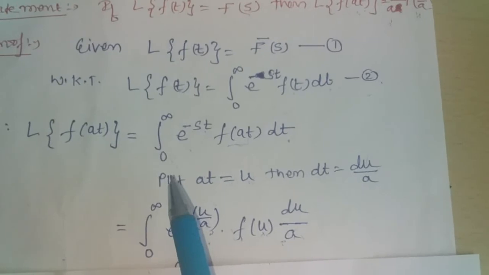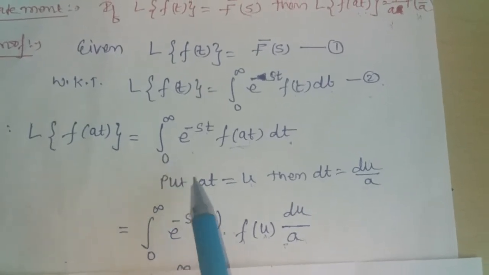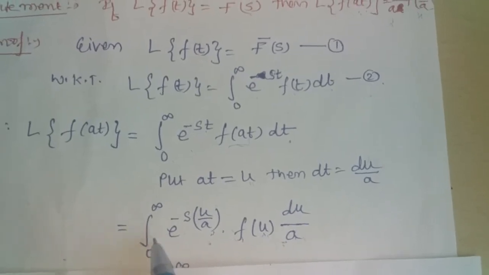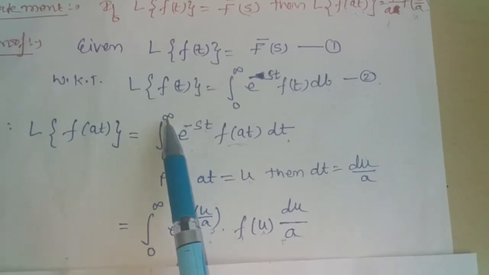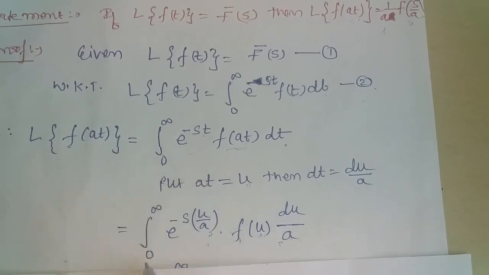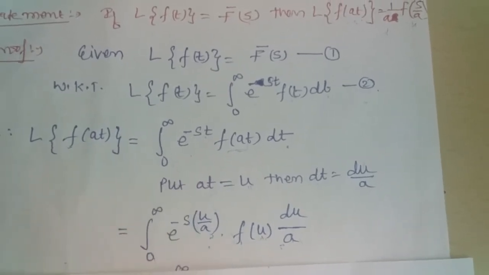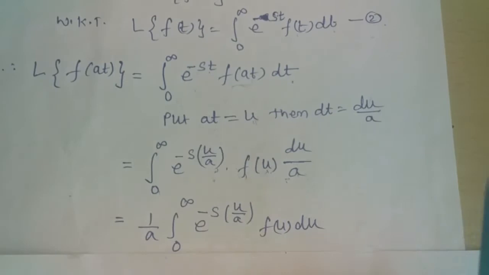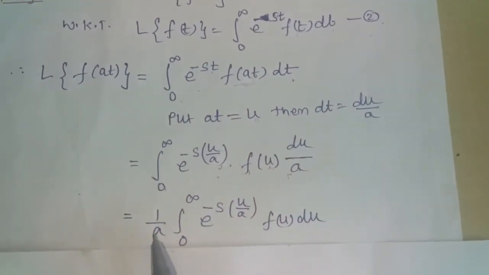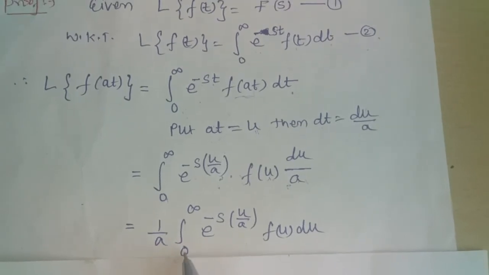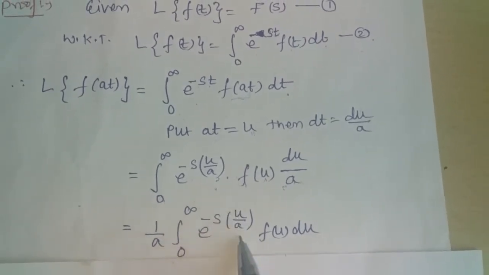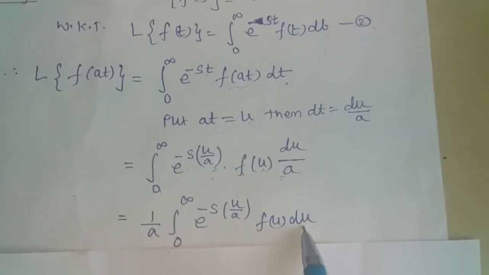Now for the limits of integration: the lower limit of t is 0, we put it here, and we get the lower limit of u is 0. And the upper limit of t is infinity, we put it here, and we get the upper limit of u is infinity. So the limits of integration are 0 to infinity. Now 1/a is a constant, so we write it outside the integral sign. Then we have the integral from 0 to infinity of e^(−su/a) f(u) du.